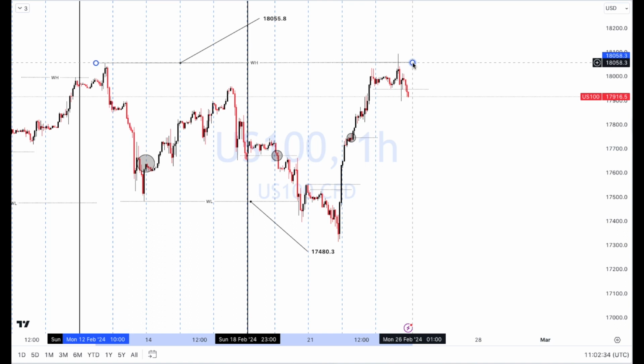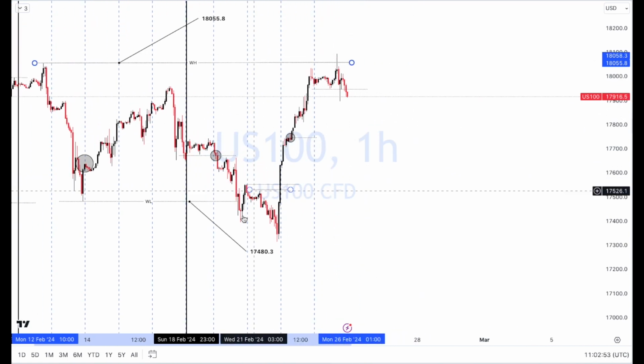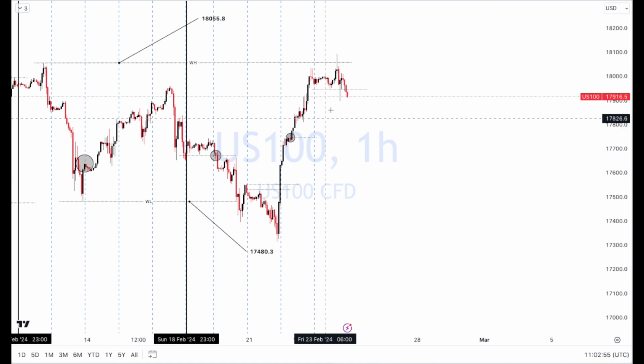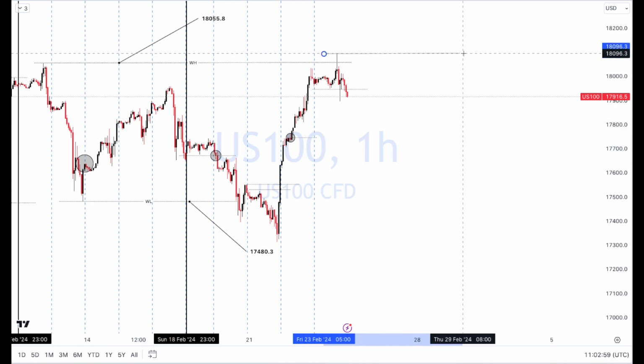Let's look at this for a minute. The weekly high has been taken out over here, the weekly low has been taken out down here. All this took place in one week. So moving forward to where the market is right now, next week, this level right here is going to be the weekly high.